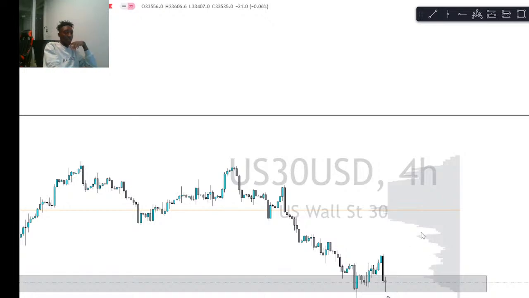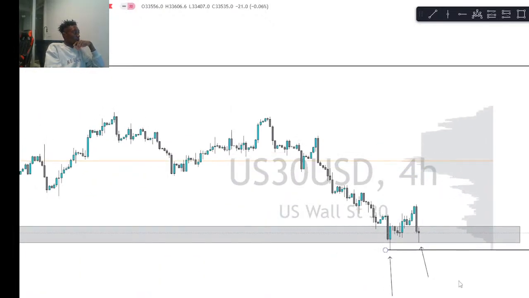So we can see that it respected that demand zone. It broke above, came back down, and now it's sitting inside.